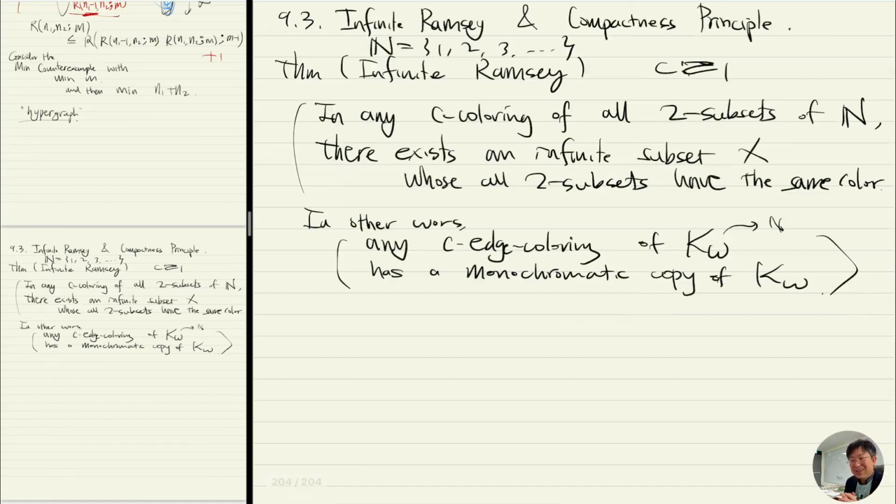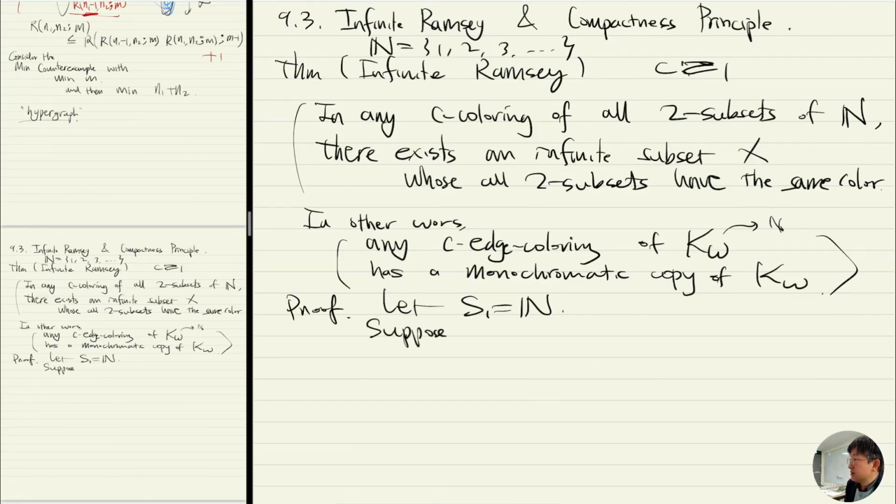Of course, this 2 is not really needed. You can replace this 2 by any number m. It doesn't matter. But for simplicity, I'm going to show you this version. Now, what we do is, let S1 be the set of all numbers, and I'm going to recursively build Si.